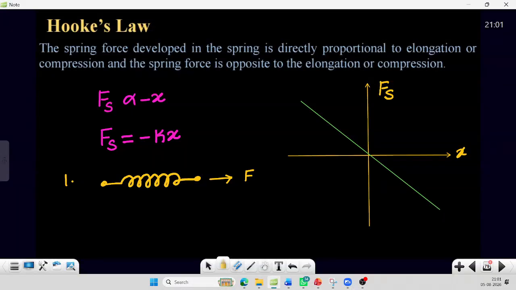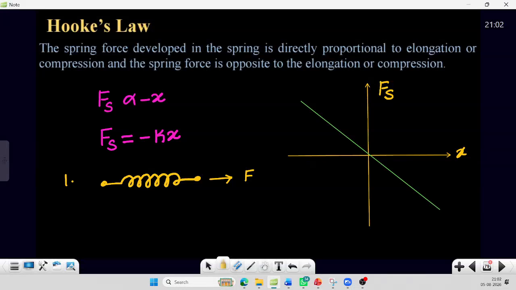Now you tell me, what is the elongation? The spring is placed like this. Now we apply some force, then what happens? The spring will move like this. Do you find any elongation of the spring? We find elongation only when one end is fixed, connected, and then we apply force. If it is simply placed like this, not connected at this end, and I apply force, it simply moves like this.